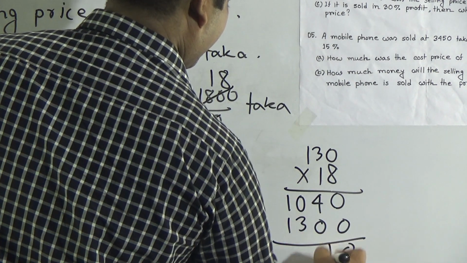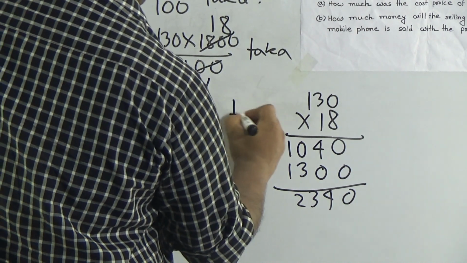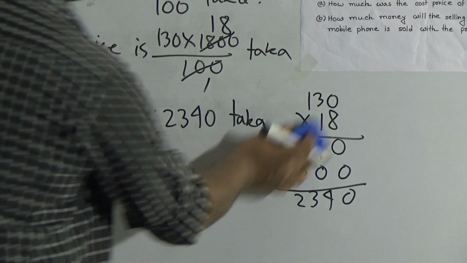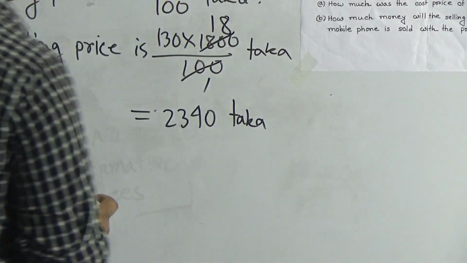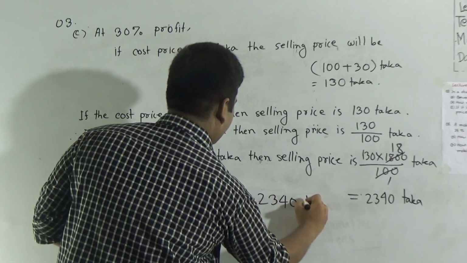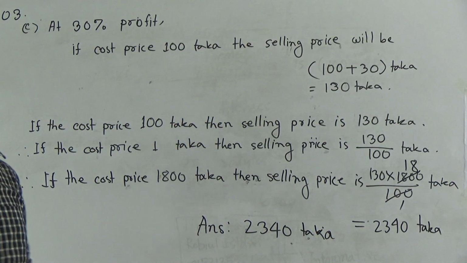So 0 4 3 2. So 2340 taka is the required answer. I hope you have understood. My dear students, as our solution is done, now we write the answer: 2340 taka. Okay, I hope you have understood.